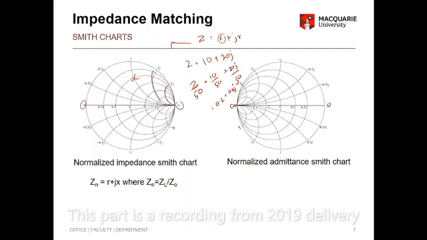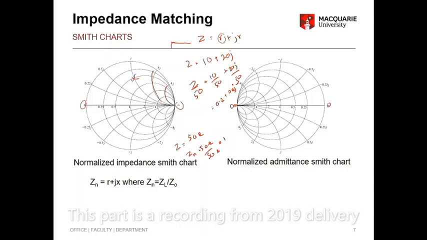Now before we represent something complex, we'll just represent a resistor. So assume you have a 50 ohm resistor, and you want to represent that on this Smith chart. So this is the impedance. If I normalize it, it will be 50 ohm divided by 50 ohm, right? So that is 1. That 1 is actually the normalized reference impedance.